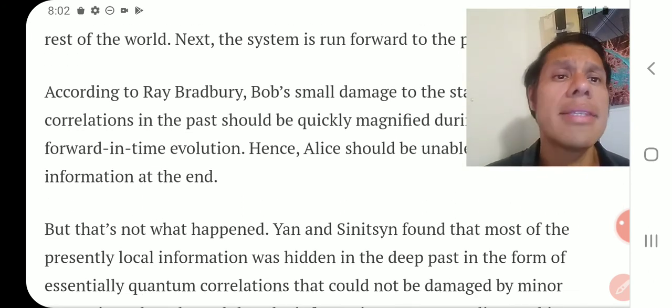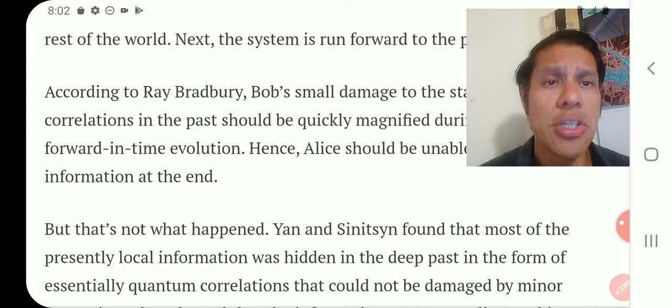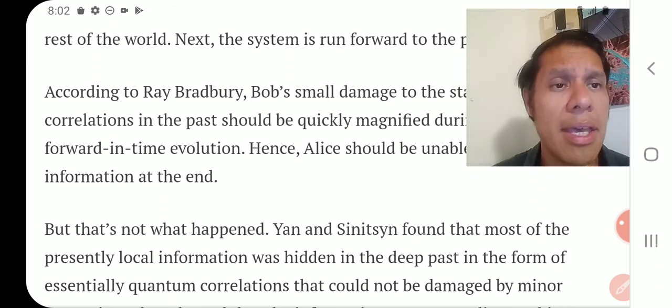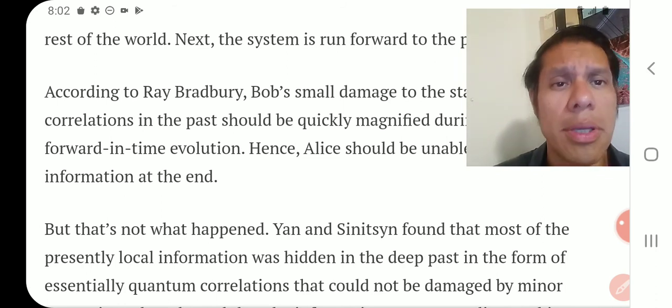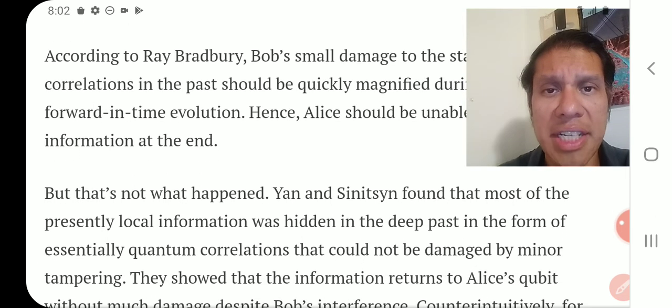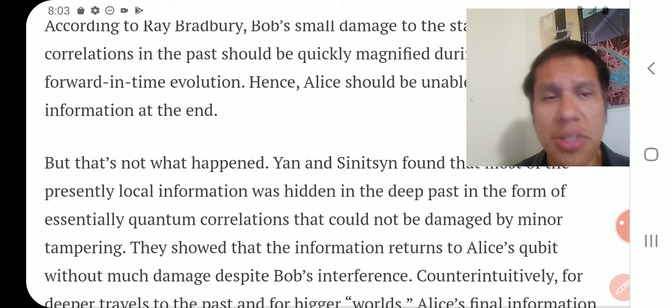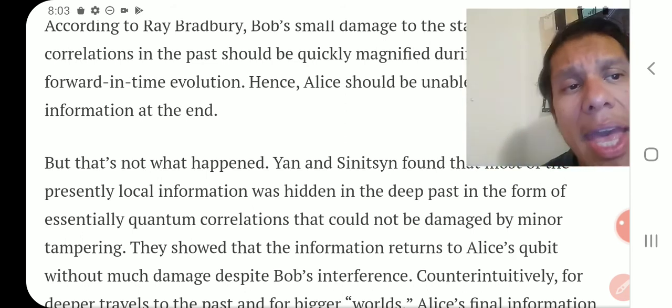Yan and Sinitsyn found that most of the presently local information was hidden in the deep past in the form of essentially quantum correlations that could not be damaged by minor tampering. They show that the information returns to Alice's qubit without much damage despite Bob's interference.